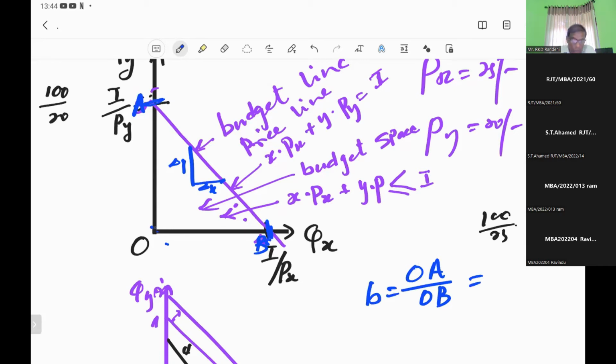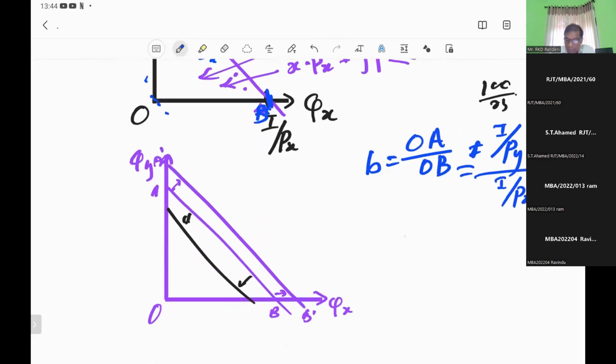Then OA means I divided by PY. Then OB means I divided by PX. So you can write I divided by PY, I divided by PX.